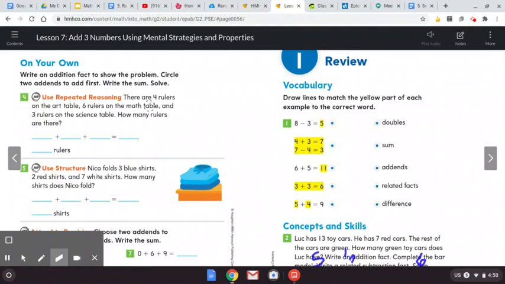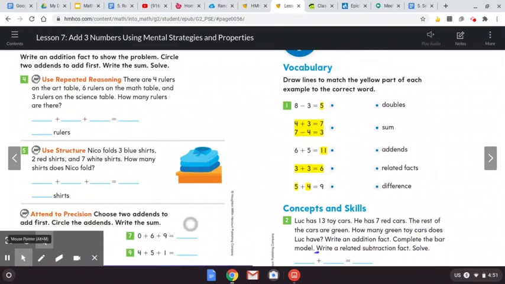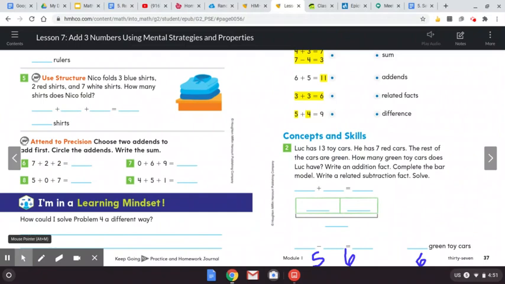Nico folds 3 blue shirts, 2 red shirts, and 7 white shirts. How many shirts does Nico fold? Pay attention to your symbols. We have addition. Nico folds 3 blue shirts, 2 red shirts, and 7 white shirts. How many shirts does Nico fold?